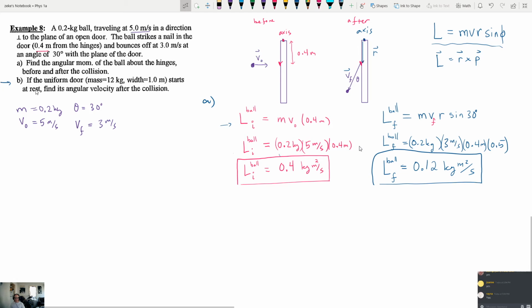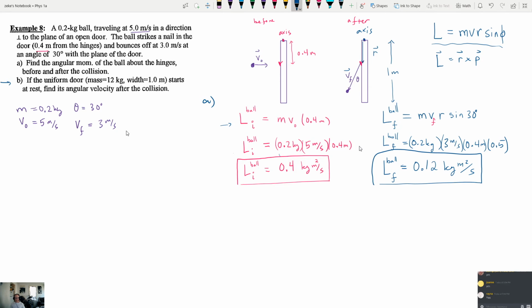Part B says, if the uniform door, and now we get information about the door, has a mass of 12 kilograms and a width of 1 meter. So since we're talking about the width of the door, the length of the door, or the height of the door, would be from the ground up to the top. So this is the width of the door right here, from the hinges to the end, in this case 1 meter.